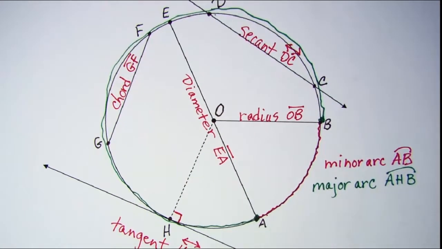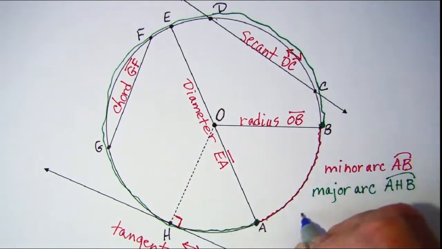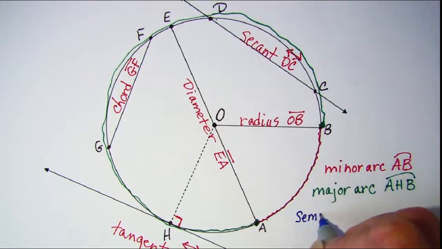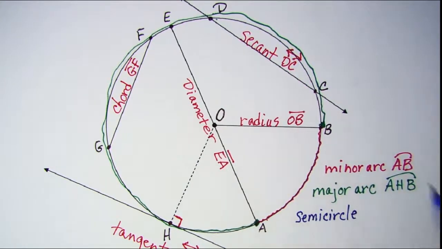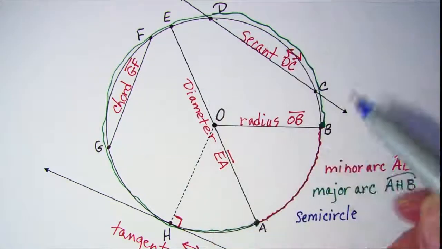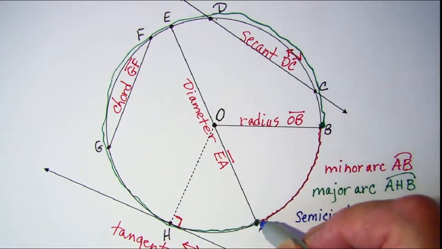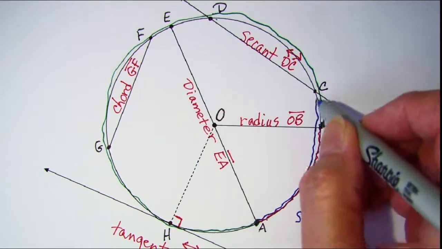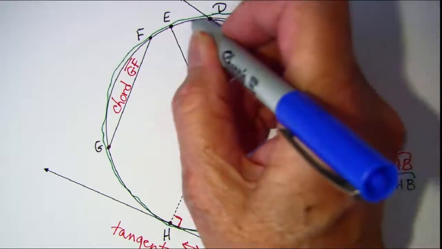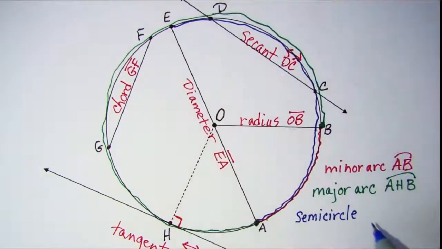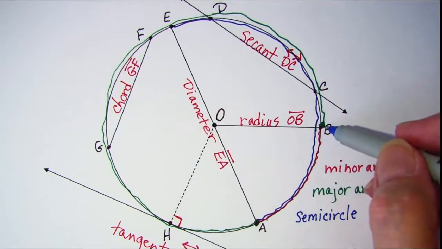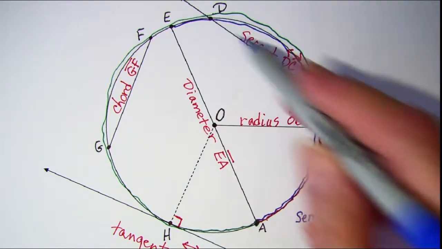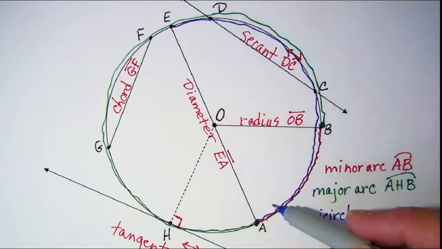So if we want to talk about a semicircle, a semicircle has its endpoints on the endpoints of the diameter. So if we wanted to talk about this semicircle that starts at A and goes around to E, we need to use a middle letter to indicate that it's this side of the circle.